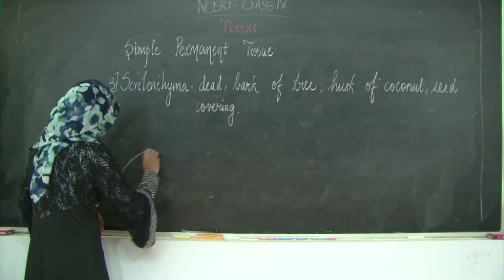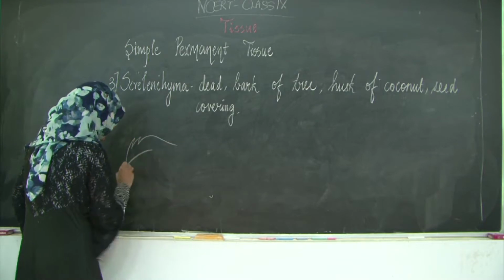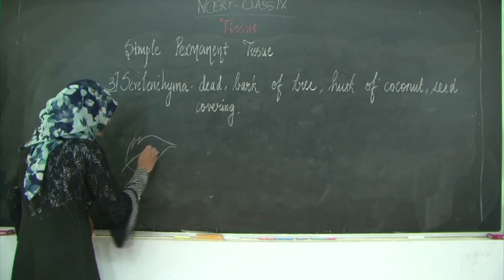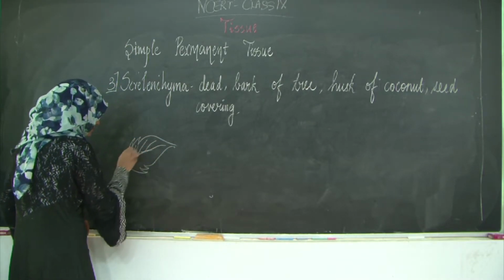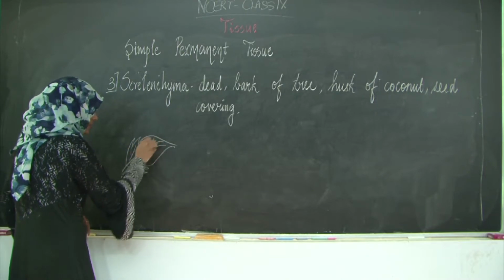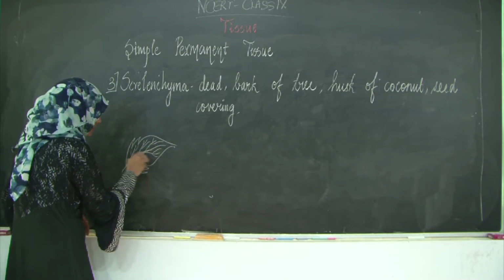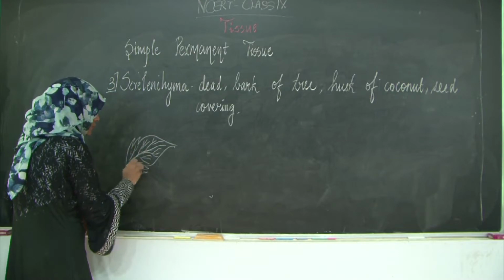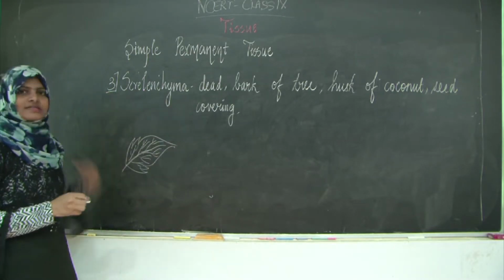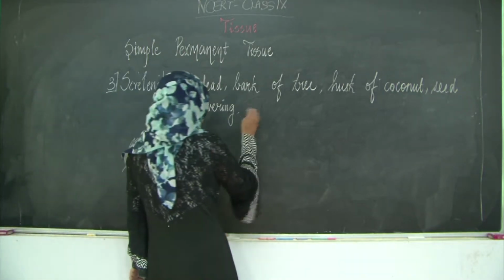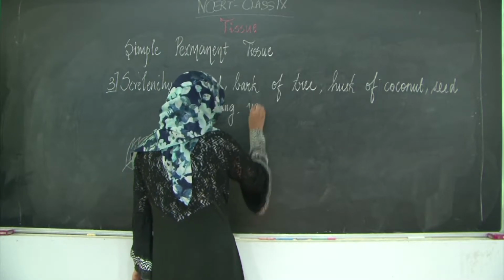When you have the leaf, you have the veins, right? We have studied about two types of veins, parallel venation and reticulate venation. So these veins are a bit harder than the leaf material. So these veins are nothing but your sclerenchyma tissue.